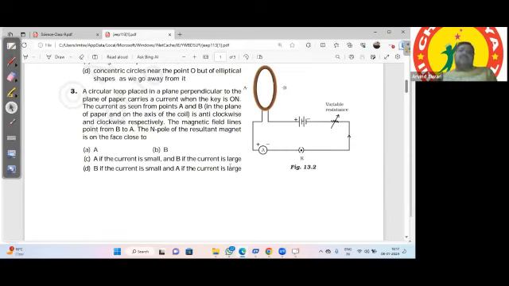Not only just imagine this over here in the diagram, imagine this loop in front of you in your paper. Then only you can get the answer. So if you observe it from A, the current is anti-clockwise. So from A, you are observing the current is anti-clockwise.